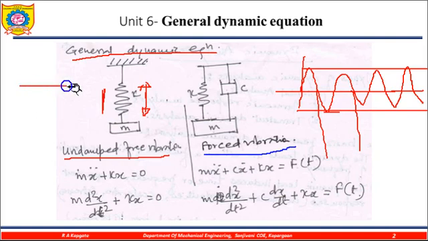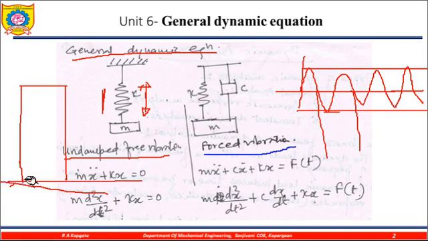So let us take that this is the structure, which is fixed at one point. When it is fixed, and if you strike a hammer on this, then definitely there is vibration.